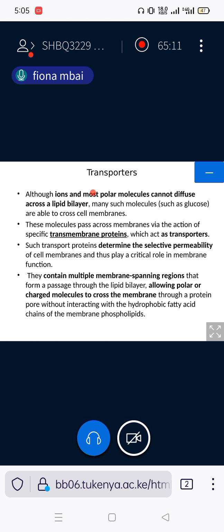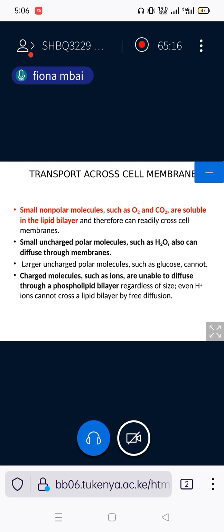In fact, some of these transporters are called, as you come to find out in a few minutes. So, transport across cell membranes of small molecules such as oxygen and carbon dioxide, from biochemistry you knew that for metabolism inside the cell, they are soluble in the lipid bilayer and therefore can readily cross the cell membrane.